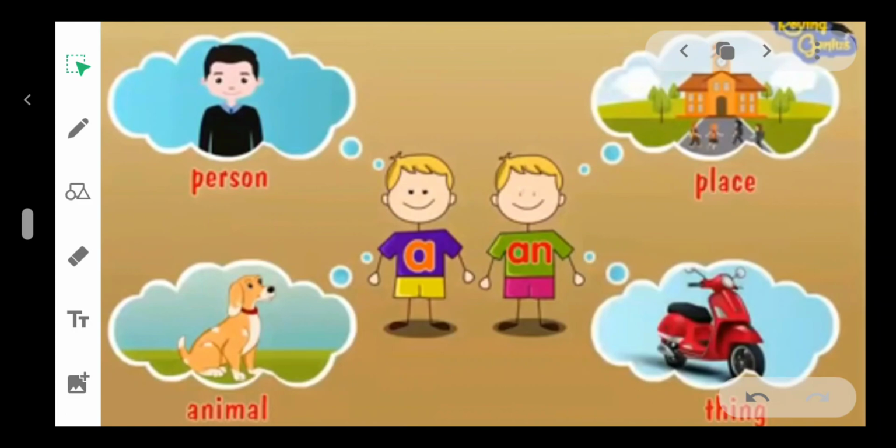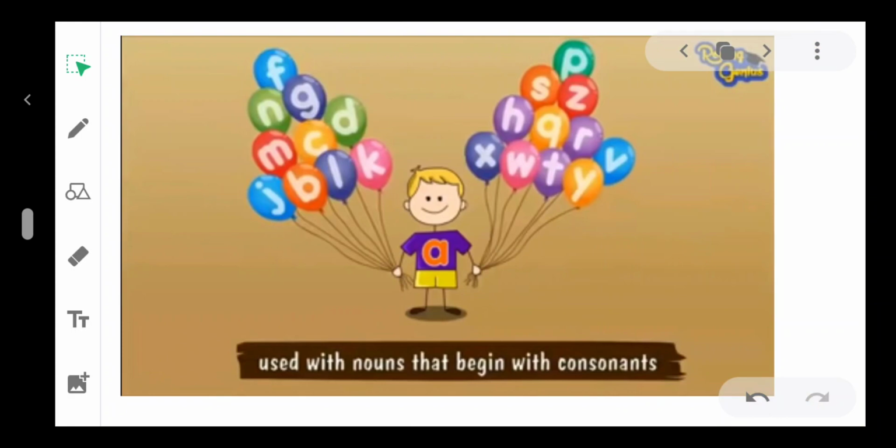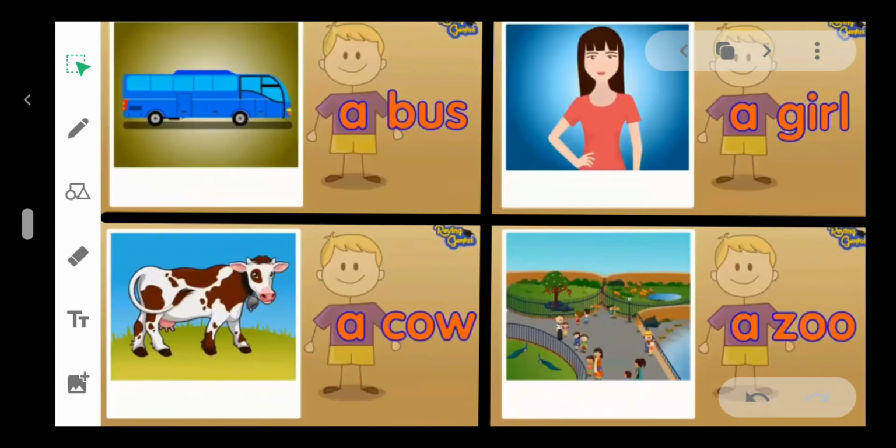Let us see the use of article a. We use article a with nouns that begin with a consonant sound. For example, a bus, a girl, a cow, a zoo.